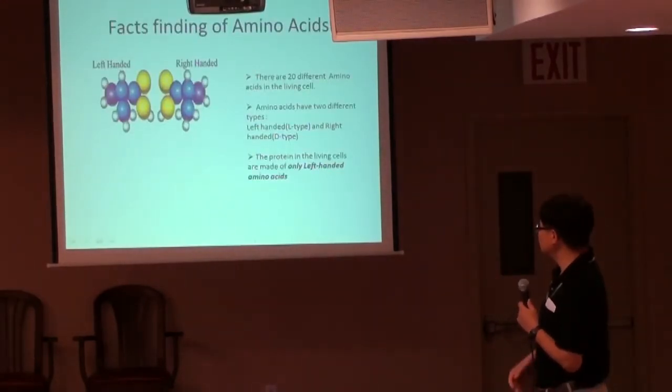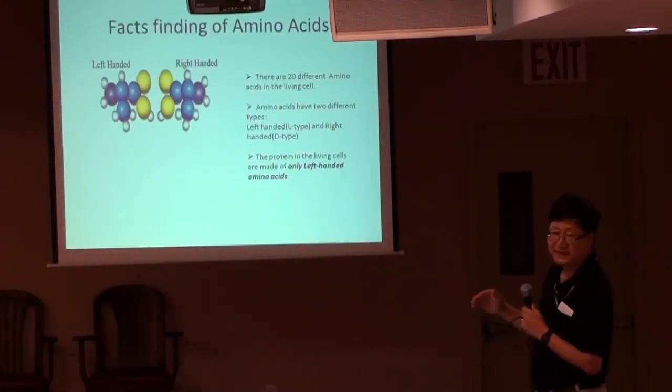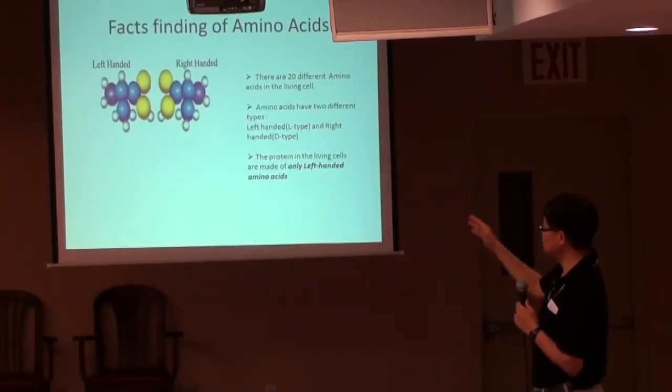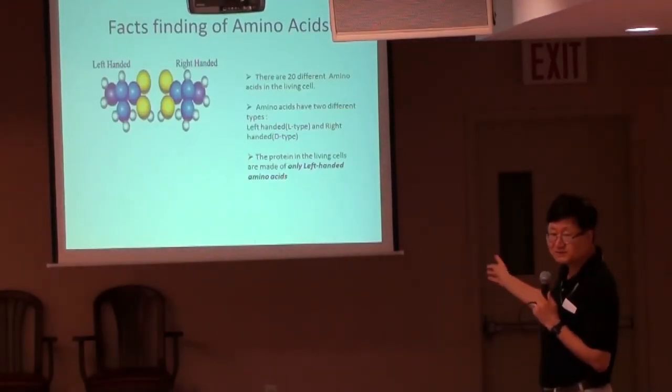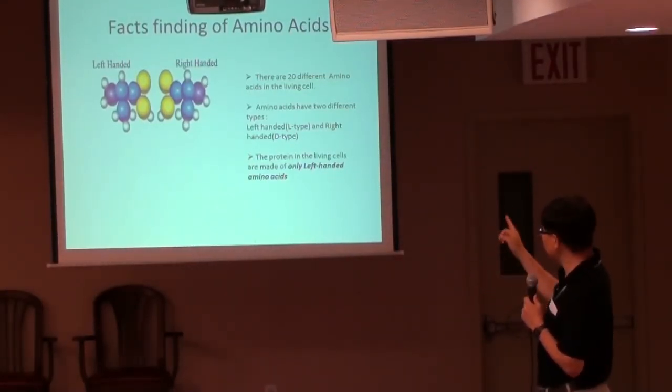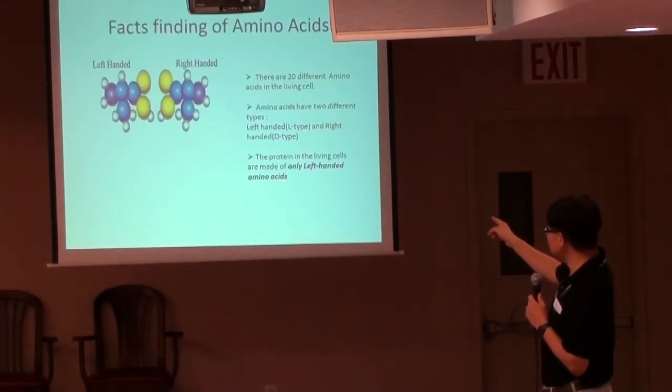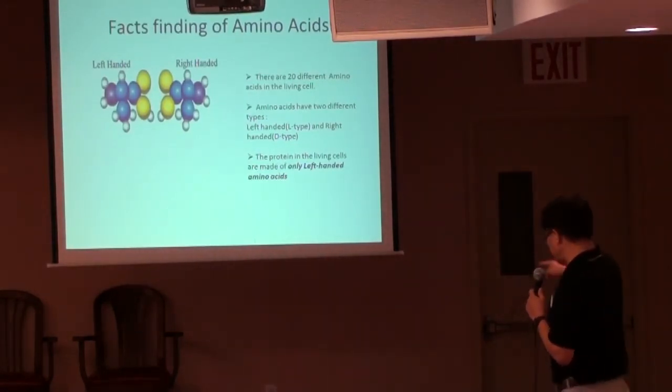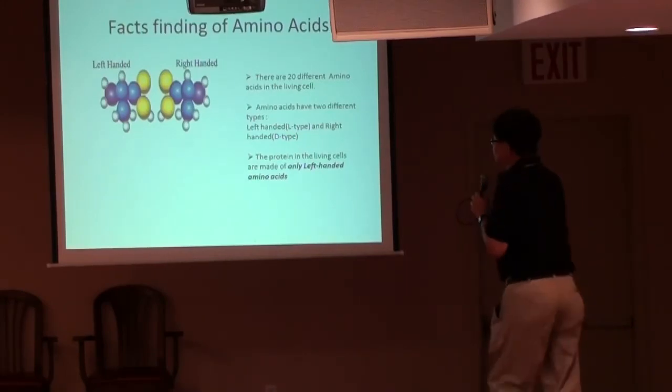And there's one more important thing here. Amino acids come in two different types, left-handed and right-handed. They have the same composition, but their orientation is different. We call them L-type and D-type.